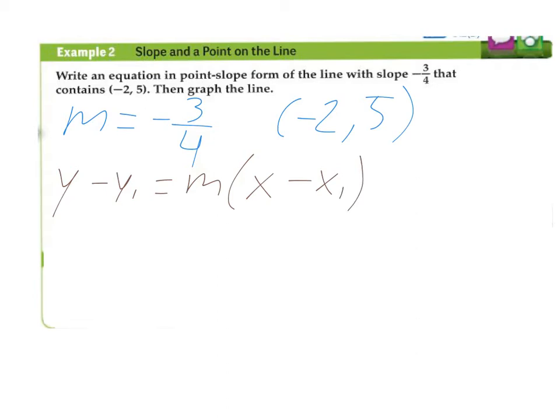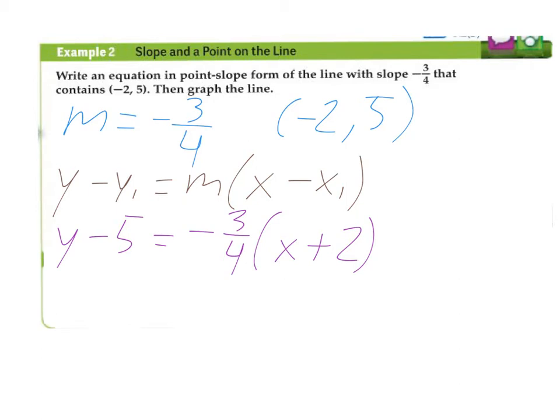Let's plug in what we know. y minus that 5 is equal to the -3/4 times x plus that 2. Why that plus? Well, in our base equation we're subtracting x sub 1, and x sub 1 is -2. When we plug this -2 into x sub 1, subtracting a negative is the same as adding a positive, giving us our equation here.